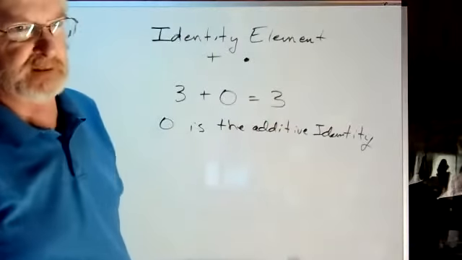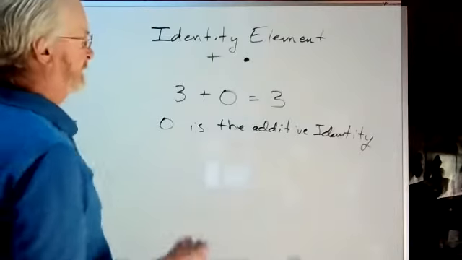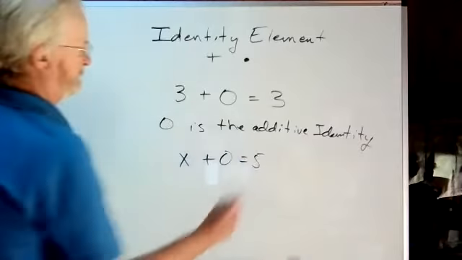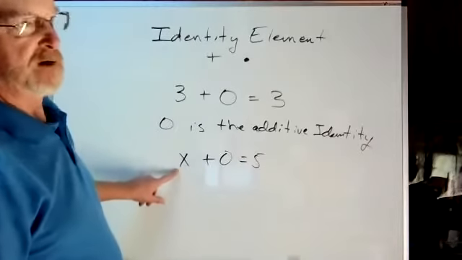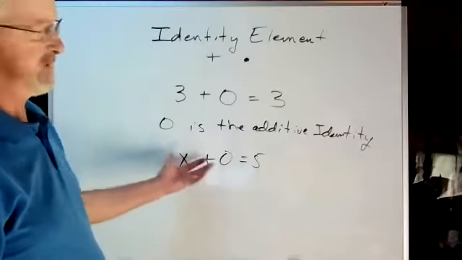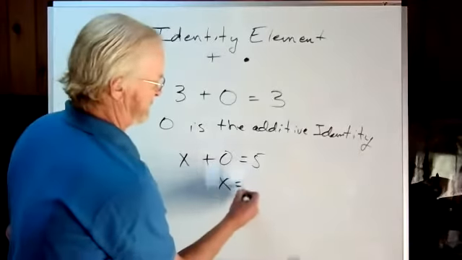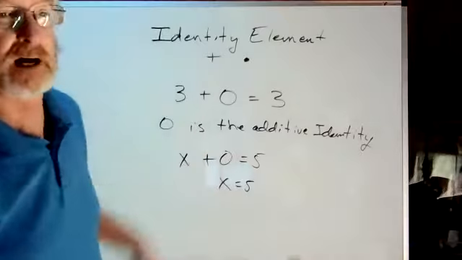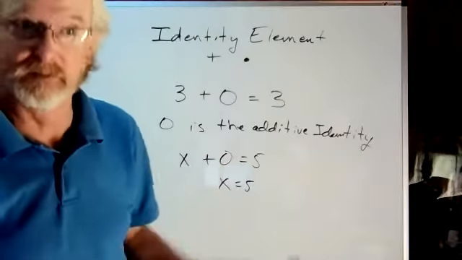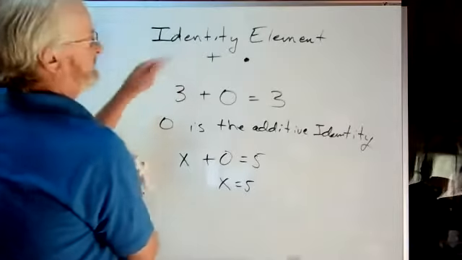In an equation, if I end up simplifying to a point where I say this unknown value plus 0 equals 5, the 0 doesn't change what I'm adding it to, so this really just means x is 5. We'll be able to drop or ignore the 0 if we get to a point where we have it in our equation like that. Okay, identity.